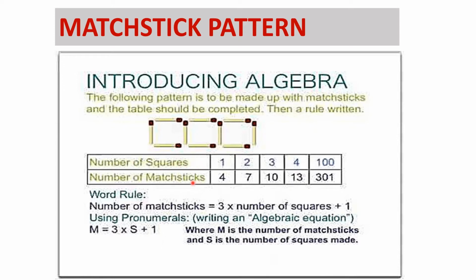So the number of matchsticks required, you can see here, 1, 2, 3 and 4. In the second, if you take two squares, the number of matchsticks required, this stick is common to both the squares, so 7. And next, you can see three squares, the number of matchsticks, this is common. So the number of matchsticks required is 4, 5, 6, 7, 8, 9, 10.